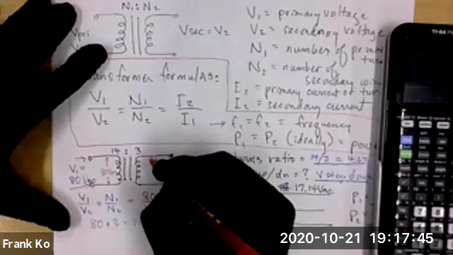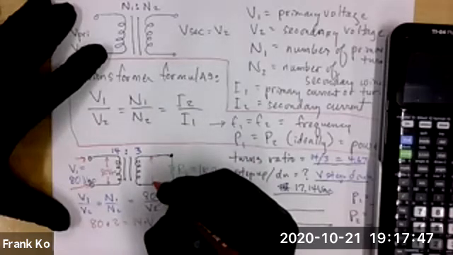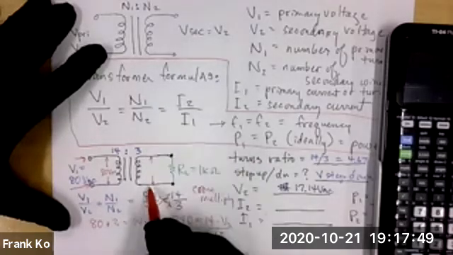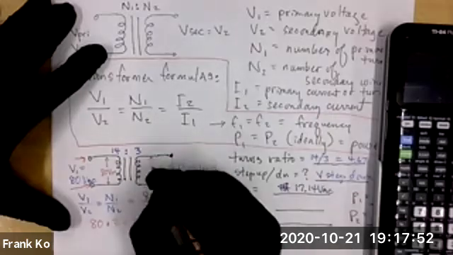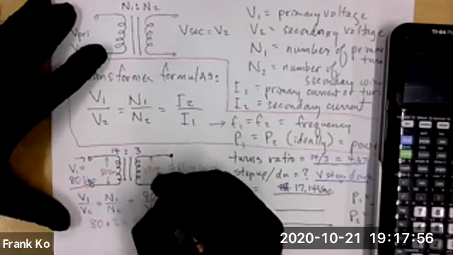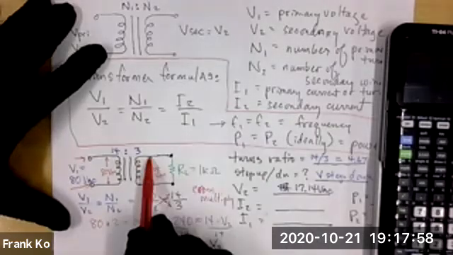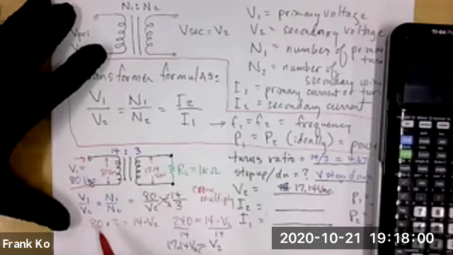Right in here, my friends, between the top of the secondary to the bottom of the secondary, we're going to see the 17.14 VAC. Isn't that the voltage that's being presented to the load?